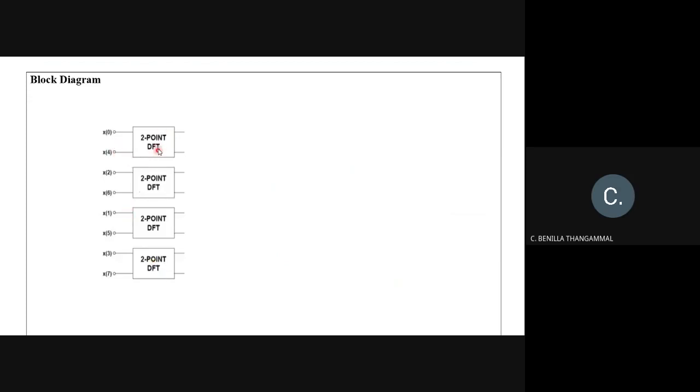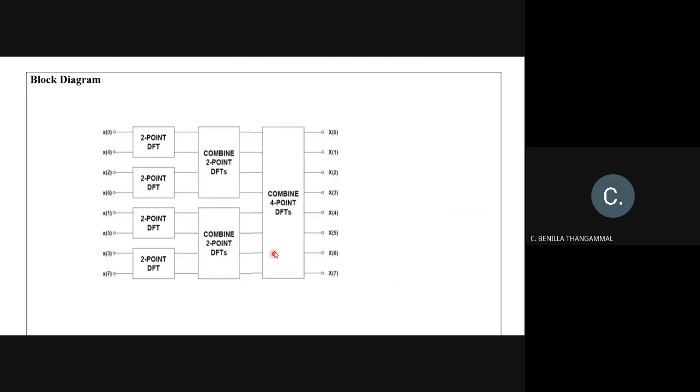The first stage is clubbed into two points, so we'll be having four 2-point DFTs here, right? The output of this first stage will be the input of the second stage. Here the outputs of the 2-point DFTs are combined to get one 4-point, and another pair of 2-point DFTs gives another 4-point. The output of this second stage will be the input of the third stage.